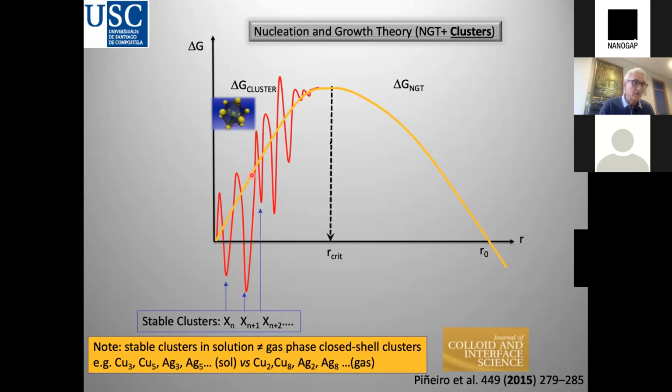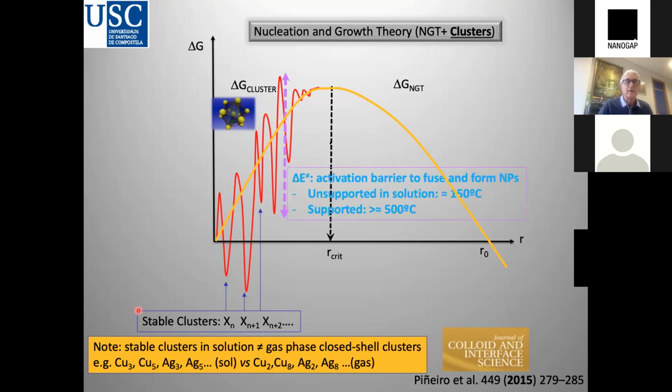Usually in solution, the clusters that are more stable are not the same as in the gas phase, and this is because they can have some ligands and some adsorption of species like oxygen or water on the surface, and this changes the stability of the cluster. The clusters are very stable. They have activation energies to grow, and at the end to fuse and form the nanomaterial.